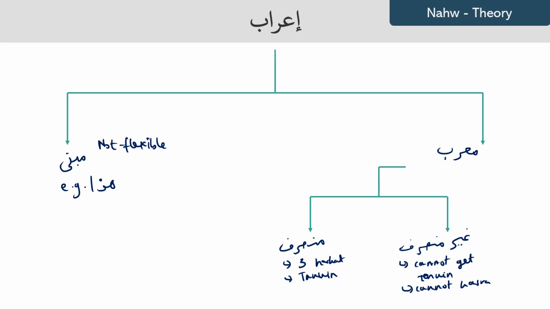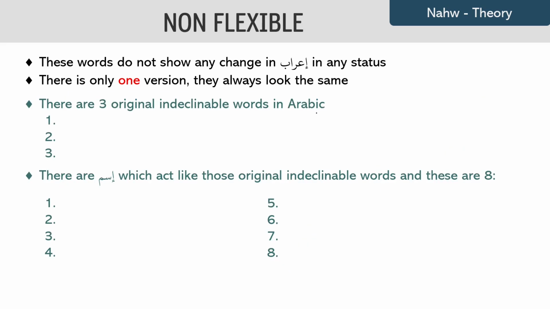You're not going to find hadi or something. It's always going to look the same in all situations. So we're starting off with non-flexible words in Arabic. These words do not show any change in i'rab or status at all. You will not know what status they are unless you look at the context. Therefore, there is only one version of them because they always look the same.